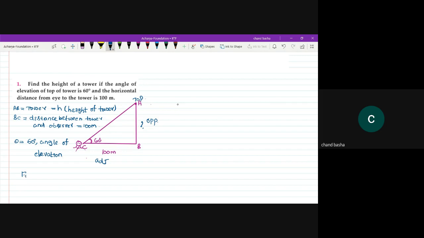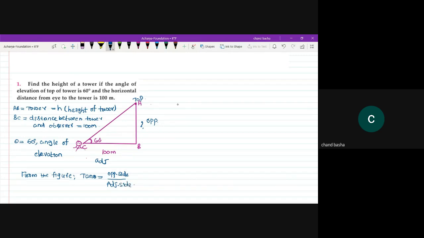From the figure, Rohan, by making use of opposite and adjacent, which trigonometric ratio can be defined? Tan, sir. Yes, can we use tan theta is equal to opposite side upon adjacent side? Am I correct? No, sir, I want to use cot theta. Yes, you can use cot theta.